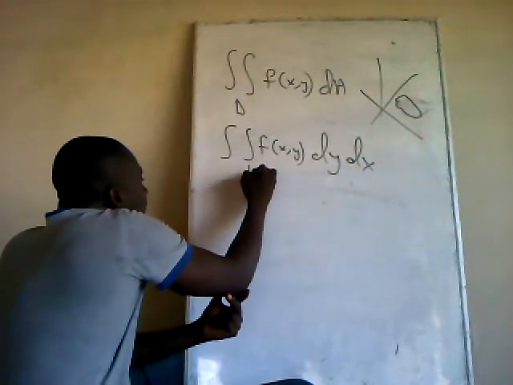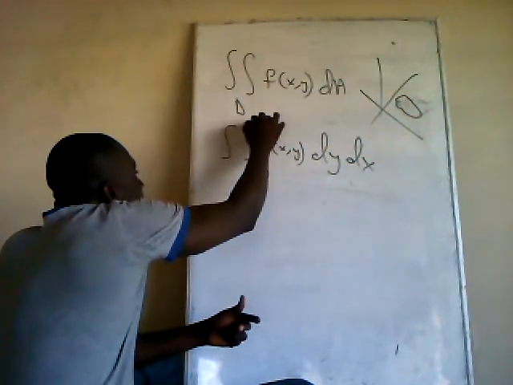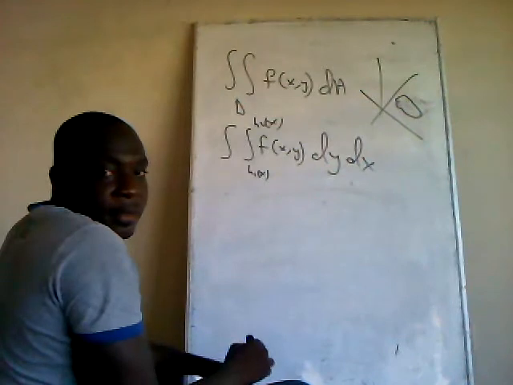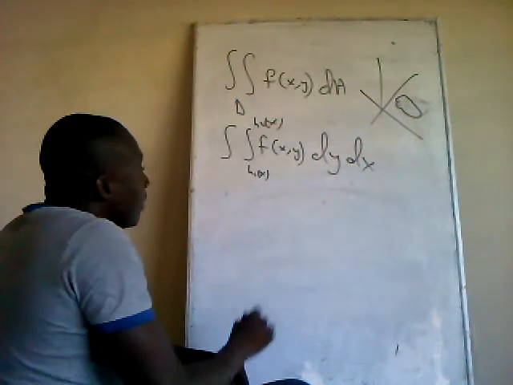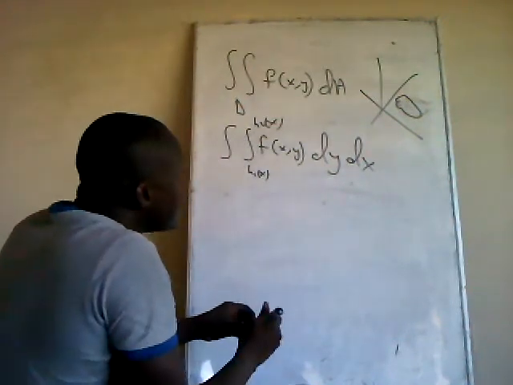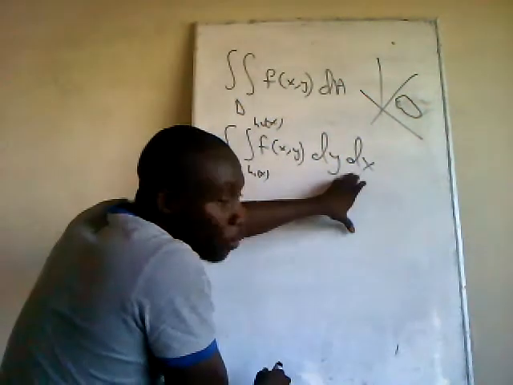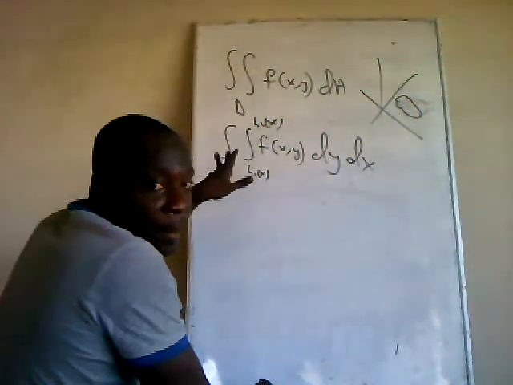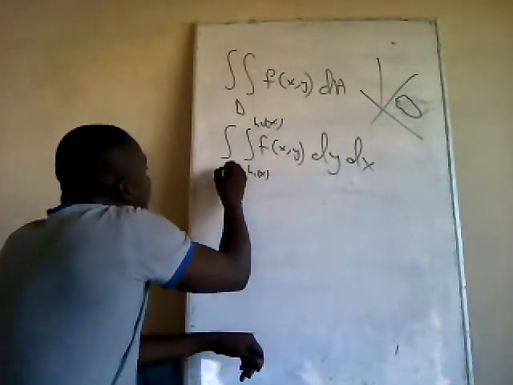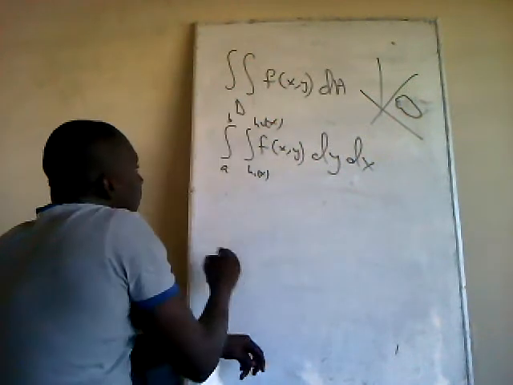So I'm going to write here h1(x) and here h2(x). Note the outer integral limits are always numbers, so let's write here a and b.